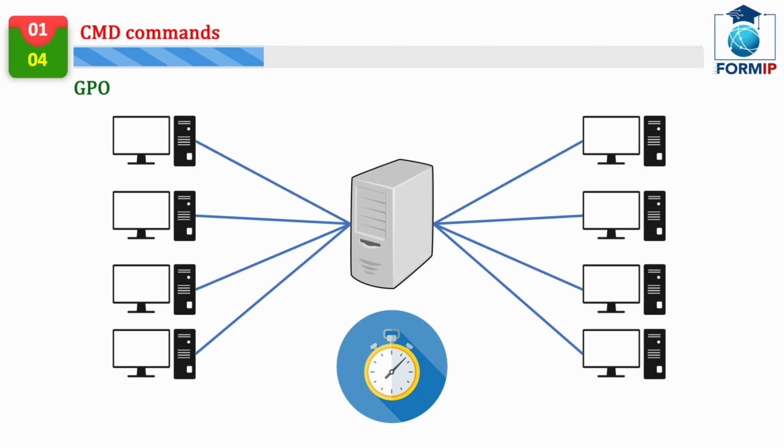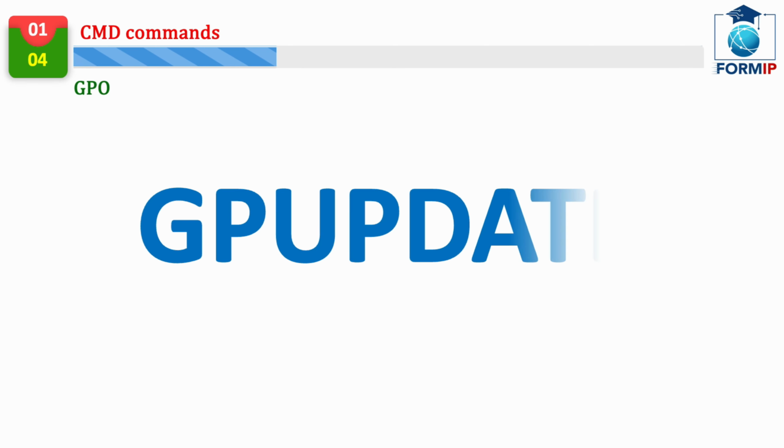Having a group policy saves a considerable amount of time for IT support technicians, because they will be able to make a change on a set of workstations simply by launching a command on the client workstation or remotely on all workstations.